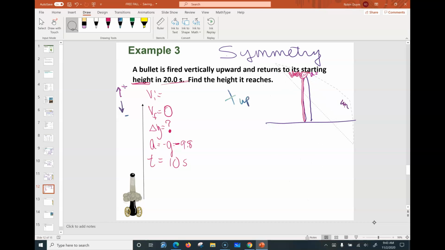You might want to pause for a moment, find that equation to find initial velocity, and then from there you're going to find your displacement. Okay? So go ahead, pause the video and see if you can find your initial velocity.